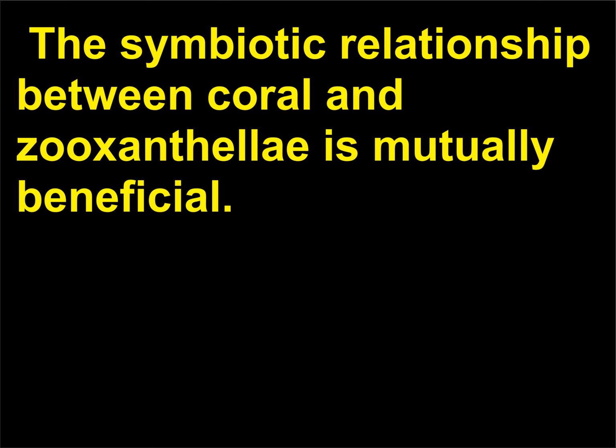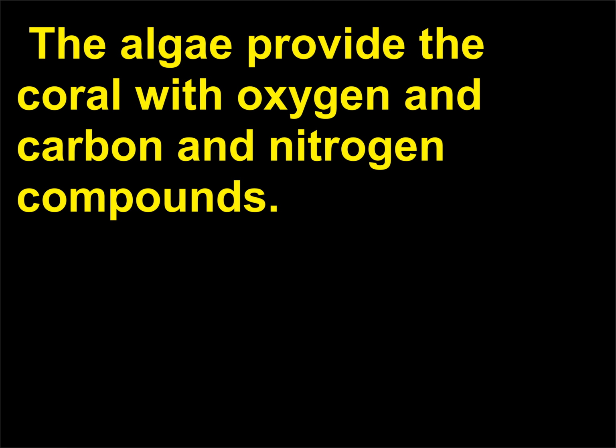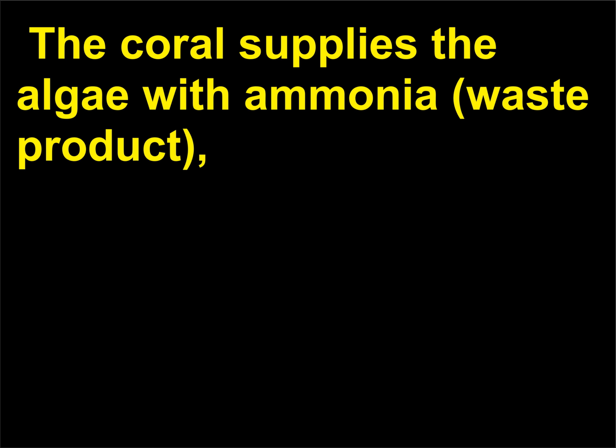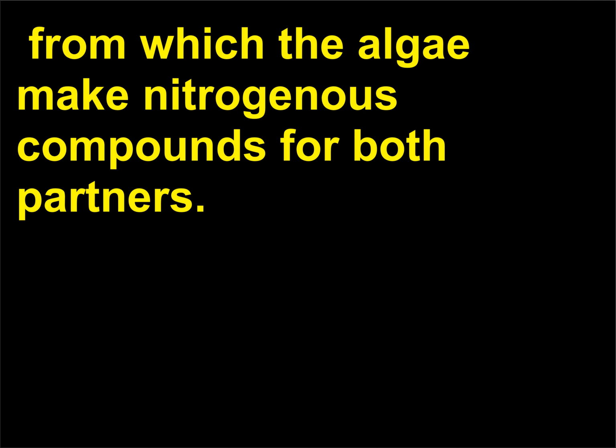The symbiotic relationship between coral and zooxanthellae is mutually beneficial. The algae provide the coral with oxygen and carbon and nitrogen compounds. The coral supplies the algae with ammonia, a waste product, from which the algae make nitrogenous compounds for both partners.